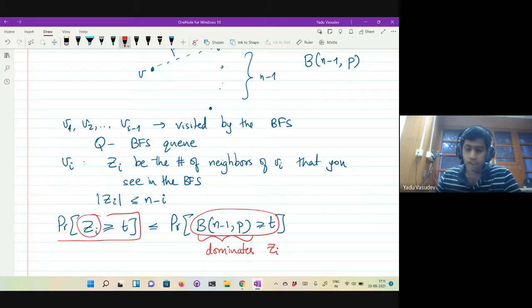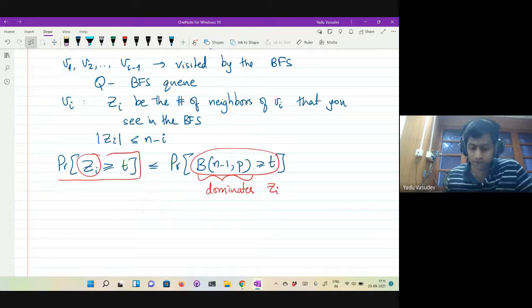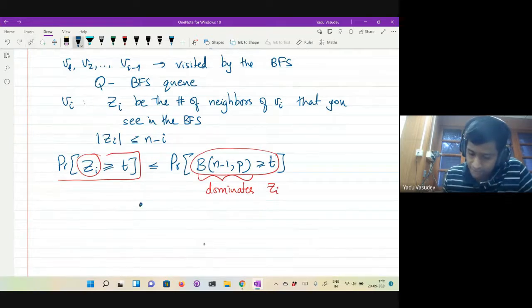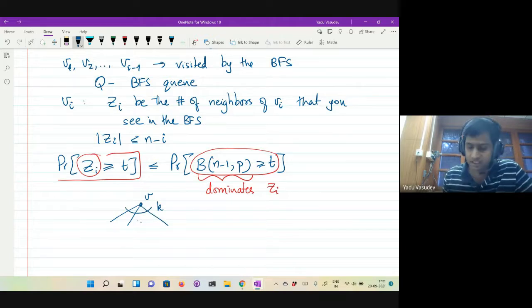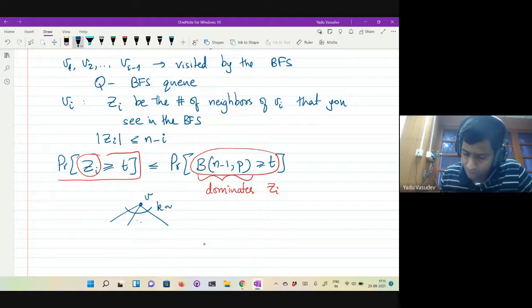Okay. So now, instead of actually trying to bound the connected component size of the graph, you look at the following process. Okay. So you start from vertex V. You choose k children of V according to the binomial distribution with n minus 1 comma p.